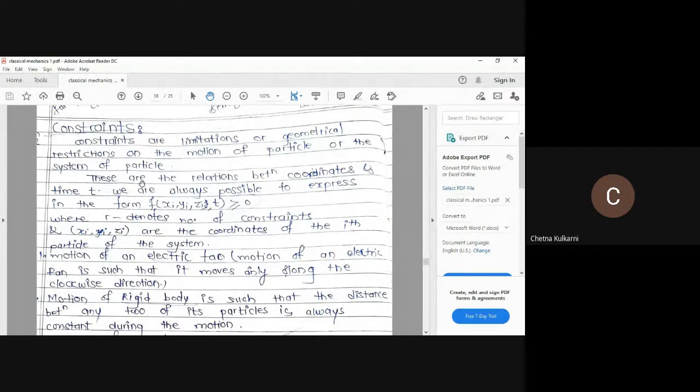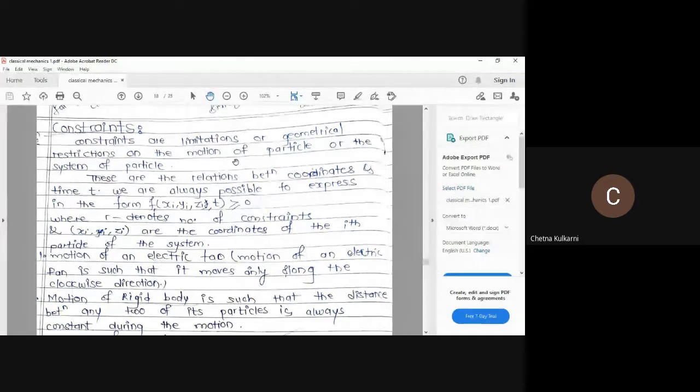If you see any type of motion, it consists of some external forces that are limiting the motion. Okay, so these types of limitations or geometric restrictions we are going to call a constraint. The constraints are the limitations or geometric restrictions on the motion of a particle or the system of particles. It may consist of a single particle or a system of particles. Okay.